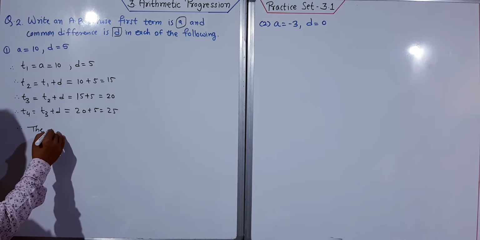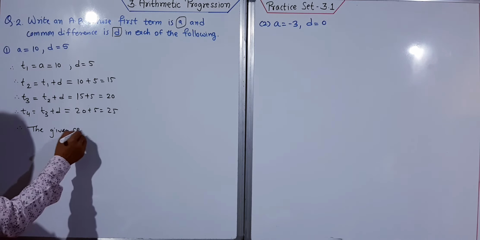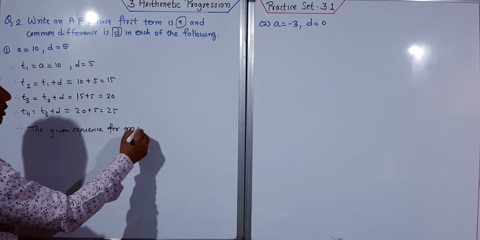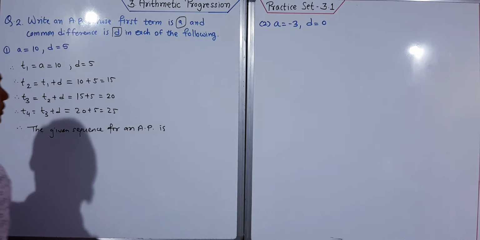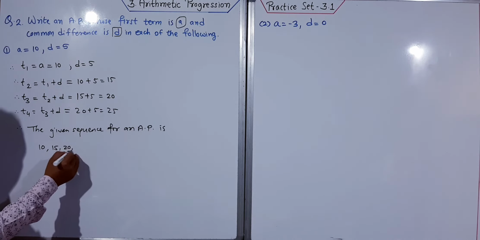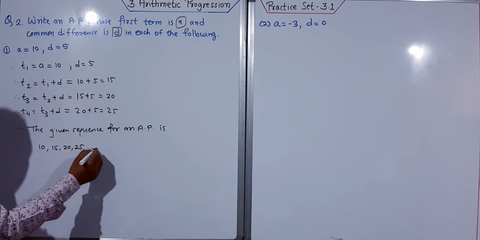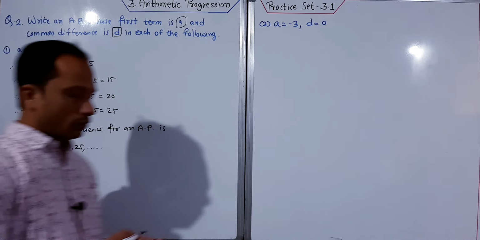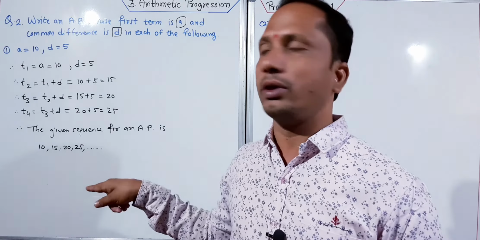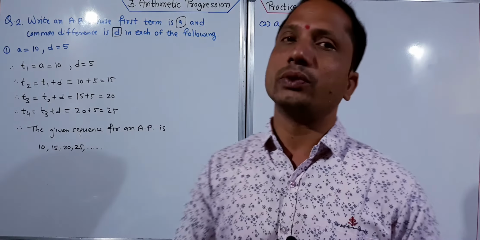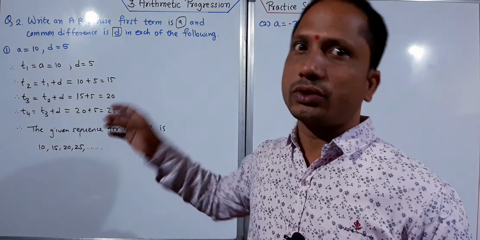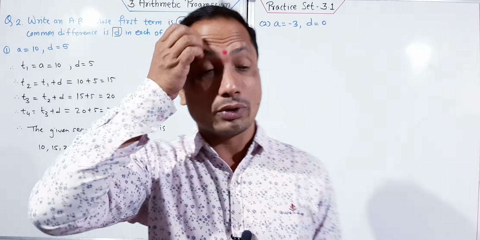The given sequence for an AP is 10, 15, 20, and 25, like this you have to write. So this is the first question, we have solved it, and now we are going to solve the second question.